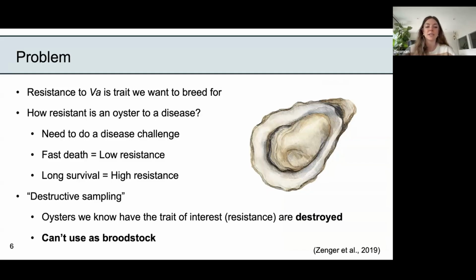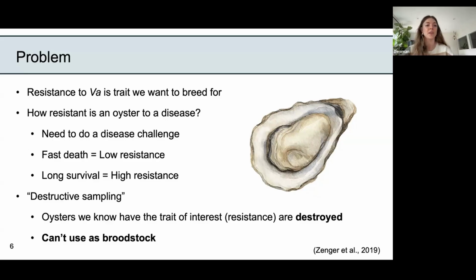But the problem with this is that it is destructive sampling. By the time we know which oysters have the trait of interest, a lot of the time the oysters have been destroyed during that process. Either they have died from the pathogen, or they have been so heavily infected that you wouldn't want to use them as broodstock, or they're likely going to die very soon after the trial.